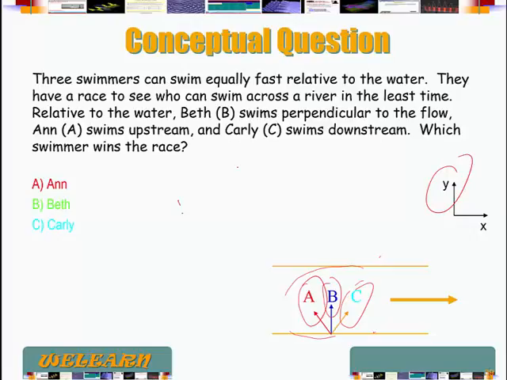So Vy for A is going to be this component of A. Vy for C is going to be this component of V. So you notice that B has a larger velocity along the y than either Anne or Carly. So the winner in this case is Beth.